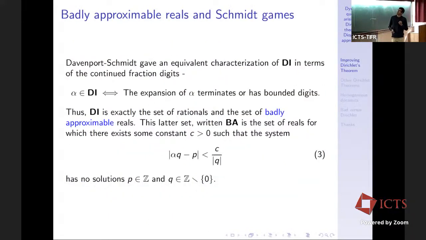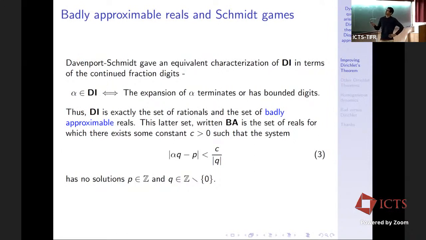They had this characterization of the set of Dirichlet-improvable numbers, which was that if alpha is Dirichlet-improvable for some constant c, that implies that either alpha is rational or it has bounded digits in its continued fraction expansion.